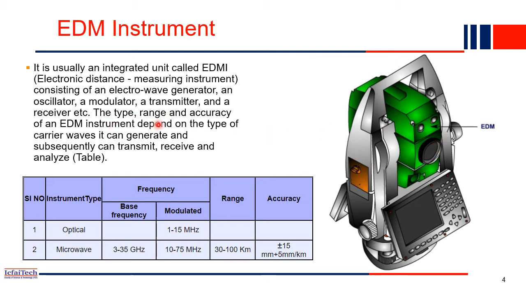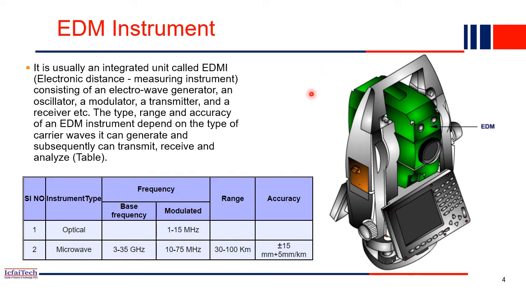The type, range and accuracy of EDM depend on the type of wave carrier it can generate, transmit and receive. In this table you can see two types of waves it can generate, depending on the instrument. First is the optical, in the light frequency range. We have visible light, microwaves, x-rays, gamma rays.